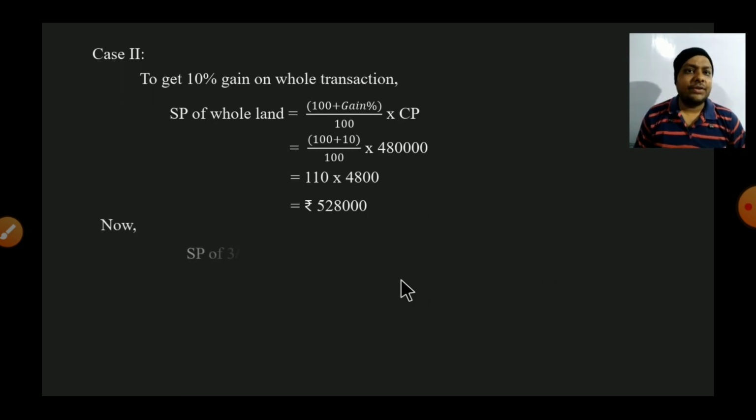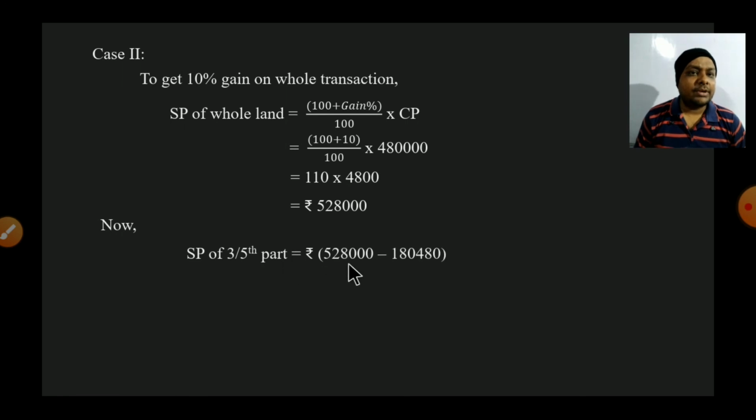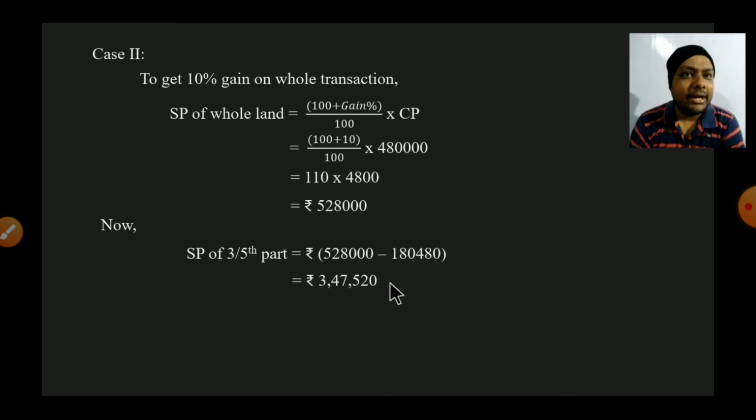If we subtract SP of whole land minus SP of 2 by 5th part, then we will get the SP of 3 by 5th part. After subtracting, we will get 3,47,520. It means if he wants to gain 10% on the whole transaction, he has to sell the 3 by 5th part for rupees 3,47,520. But we need gain percent.